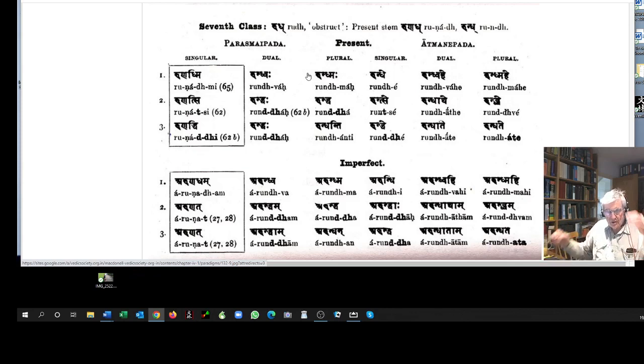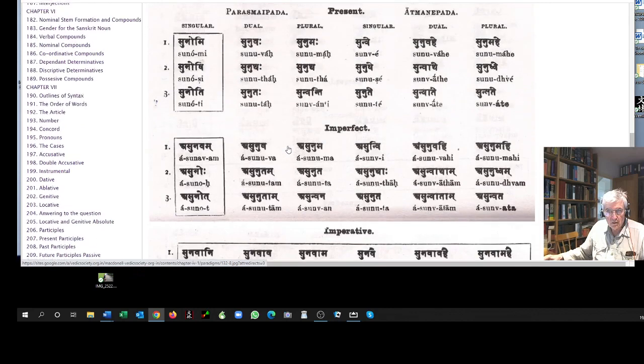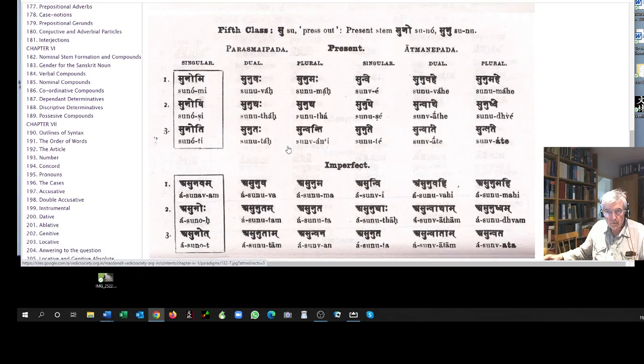We will now deal with the 5th class. And we can deal with the 5th class and the 8th class pretty much in the same breath. So the paradigm root of this is su, meaning to press out, as in to squeeze out juice and that kind of thing.